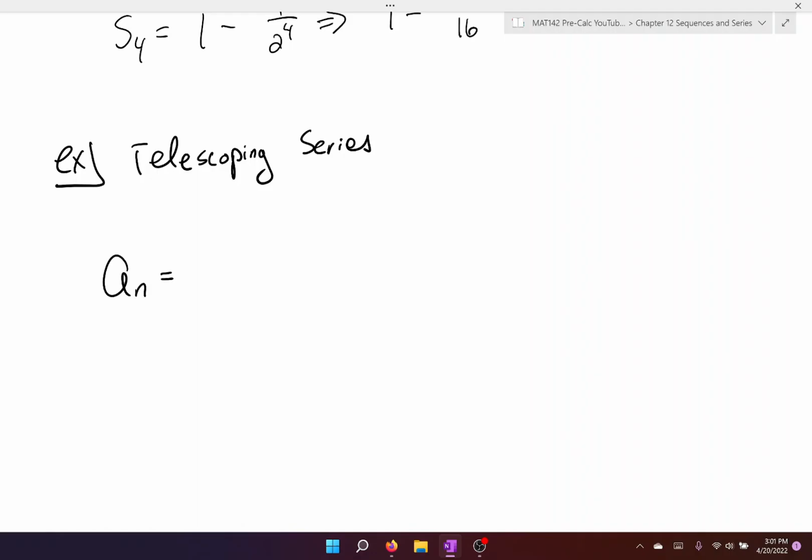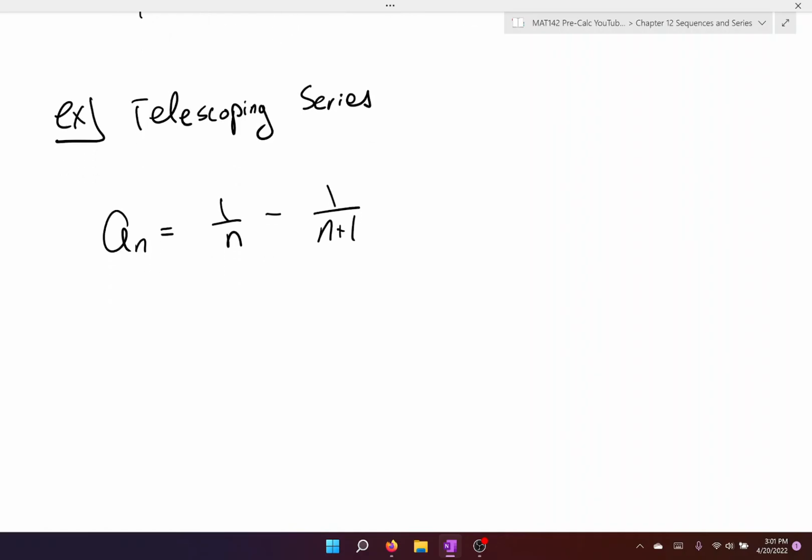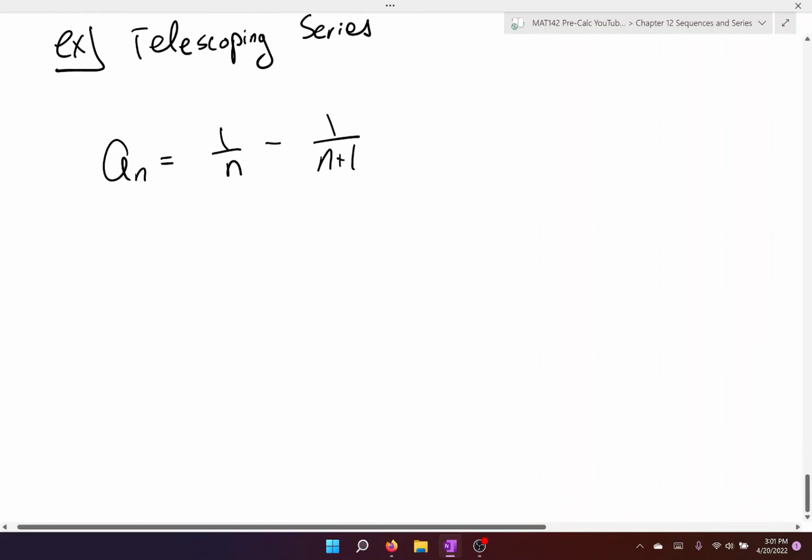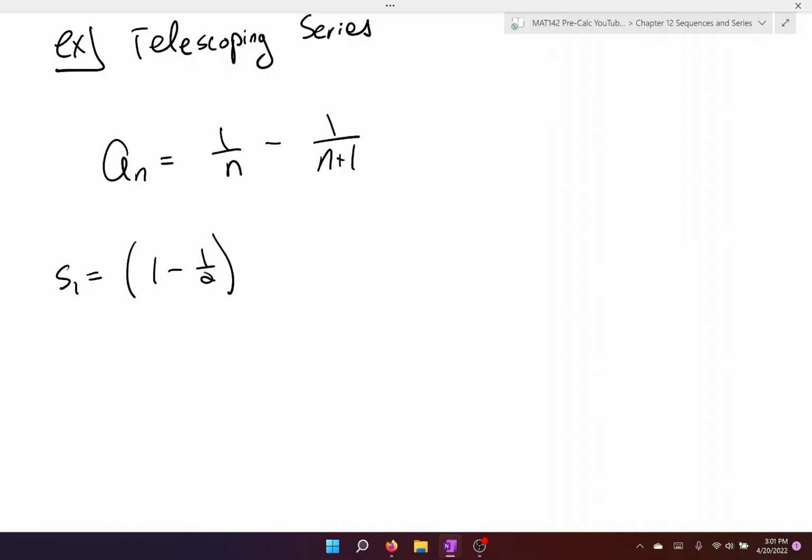a sub n equals 1 over n minus 1 over n plus 1. The reason why this is so famous is when I start writing out the partial sums. The first partial sum is going to be 1 minus 1 half. The second is going to be 1 minus 1 half plus 1 half minus 1/3.